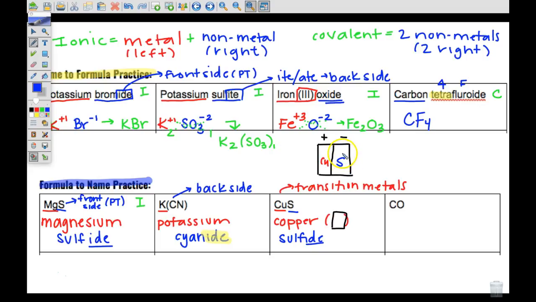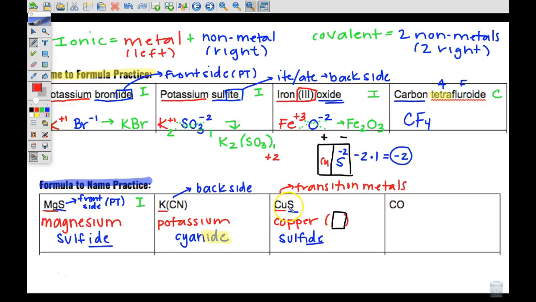So after looking at the front side of my periodic table, I see that the oxidation number for sulfur is -2. So because I have only one atom, and the charge is -2, the overall negative charge is -2. Because the charges for an ionic compound have to be equal and opposite in order for it to be neutral, I know that all of the positive charge has to be +2.